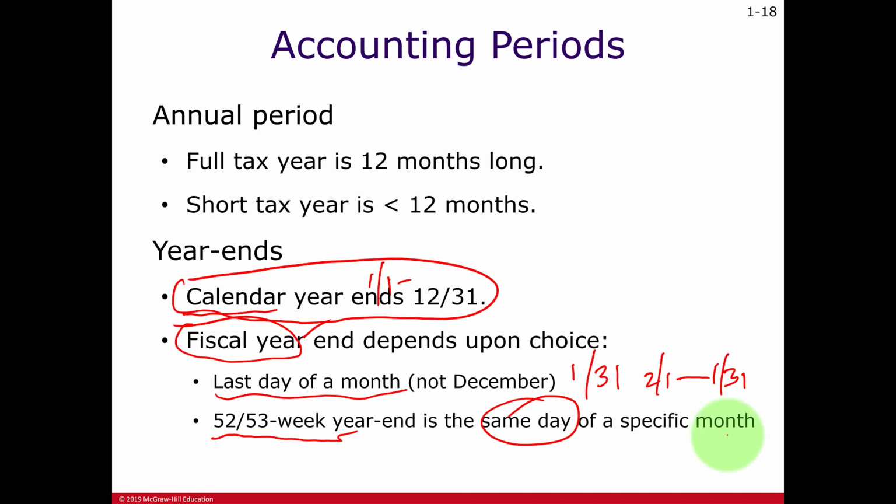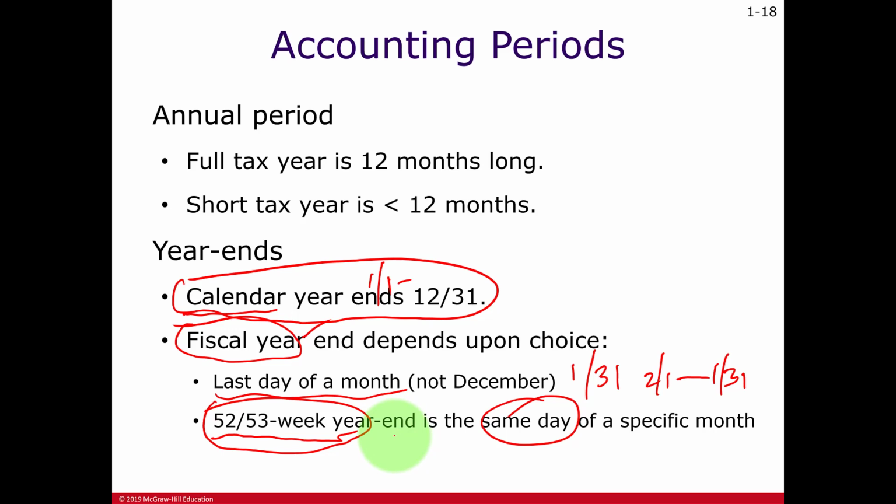Or maybe the last Saturday closest to the end of February, which could possibly be in March, and the very next day would be the beginning of the next year. The purpose of using a 52, 53 week year is that maybe accounting records are kept so they keep track of trends by the week.